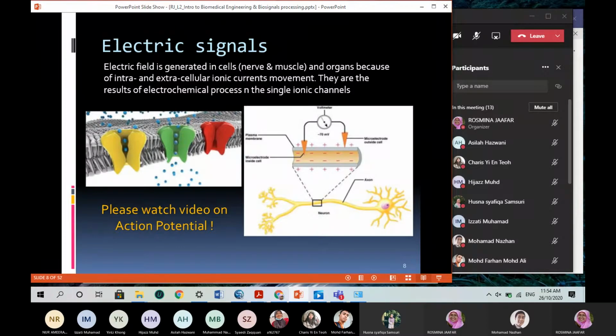You have nerves and muscles all over your body that carry electric signals, because of the presence of intracellular and extracellular ionic current movement. The result of the current movement is actually producing an electrochemical process.